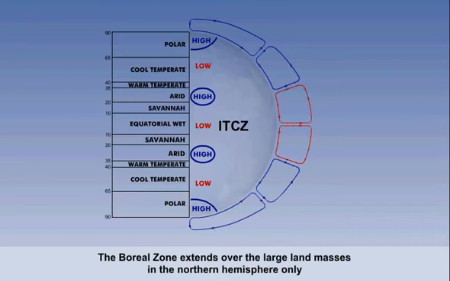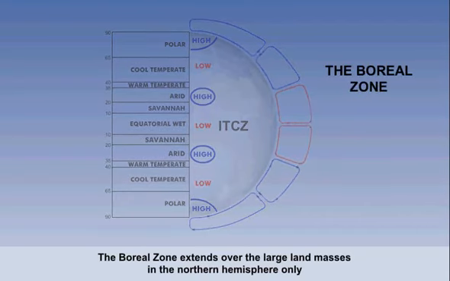The very last zone, which does not truly form part of the model we have constructed, is called the boreal zone. This zone is only found in the Northern Hemisphere, over the land masses of northern North America, Scandinavia and Russia. It approximately extends from 40 degrees to 60 degrees north.